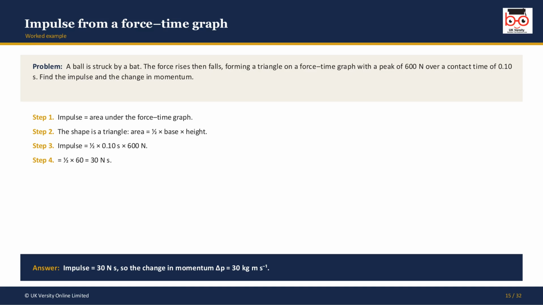The impulse is the area under that graph, and since the shape is a triangle, the area is a half times the base times the height. So that's a half times 0.10 seconds times 600 newtons, which is a half of 60, giving 30 newton seconds. And that means the change in momentum is 30 kilogram meters per second.